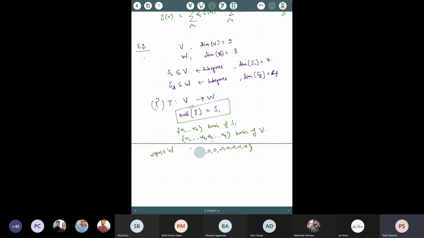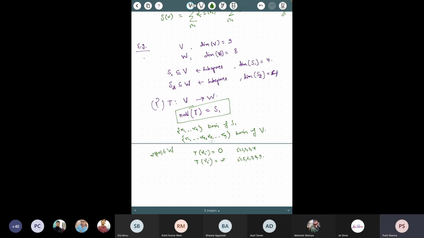So you send the first 4 Vi's to 0, for i equal to 1, 2, 3, 4, and the rest of the Vi's, V5 to V9, you send to W, where W is a non-zero vector, for i equal to 5, 6, 7, 8, 9.